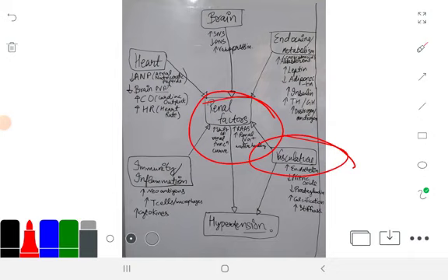So, what are the renal factors that cause hypertension?